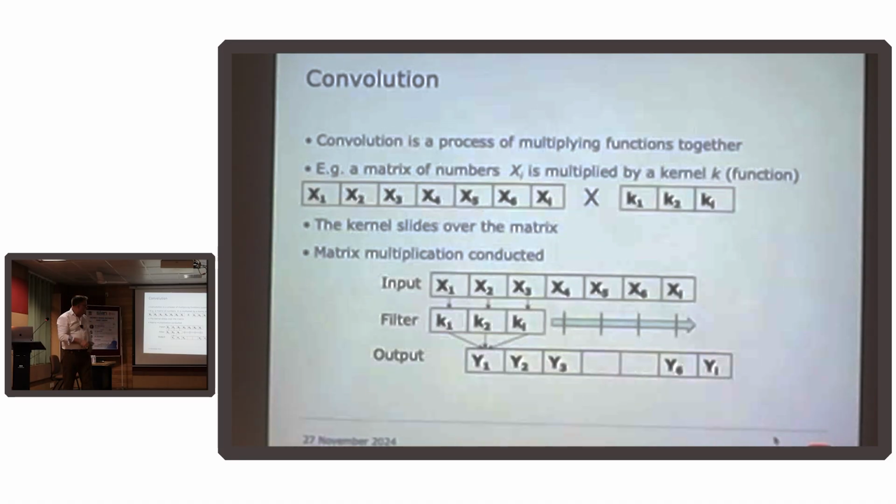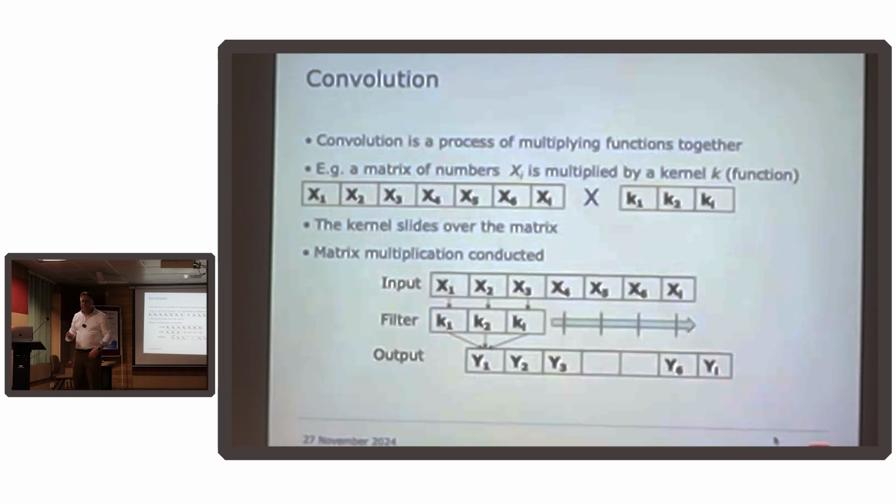So basically we start with our first position. x1 is multiplied by k1 and added, x2 is multiplied by k2 and added, x3 is multiplied by k3 and added. And we get an output from that called y1. So we're processing the first 3 bits of the matrix with this matrix, summing the values and putting them out to a number.